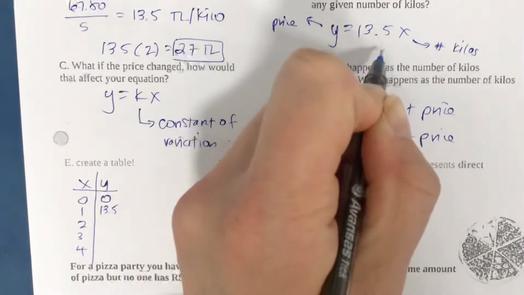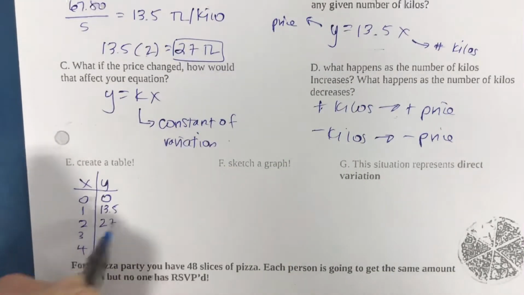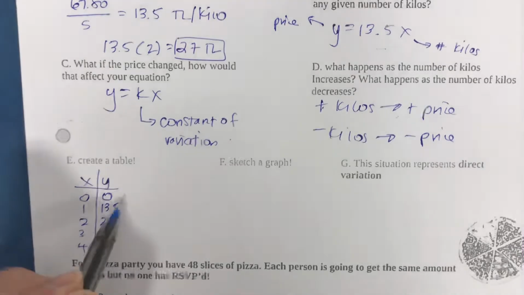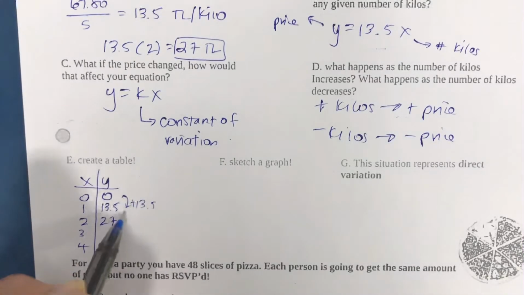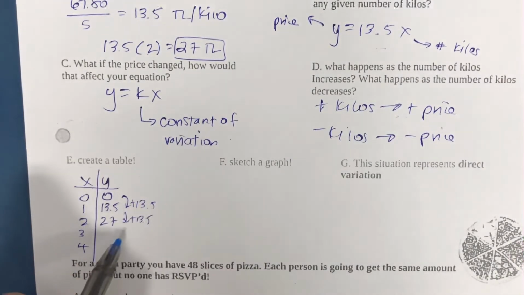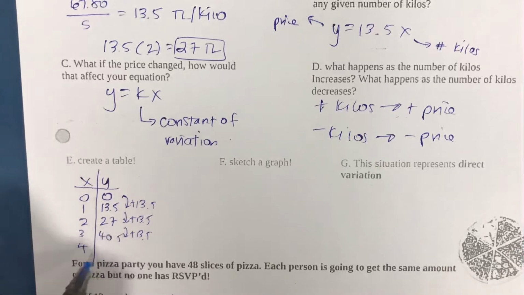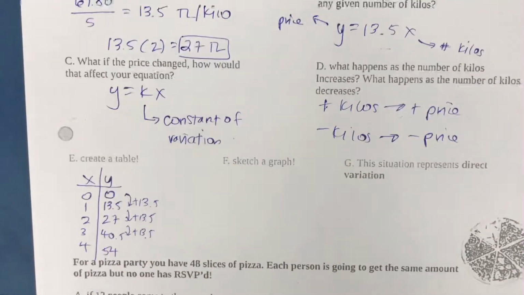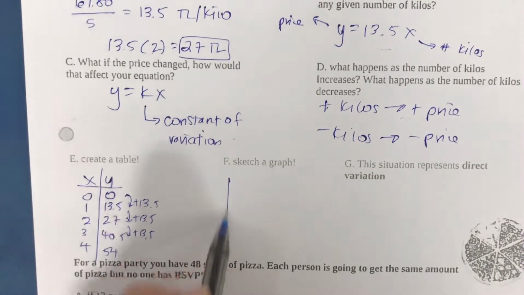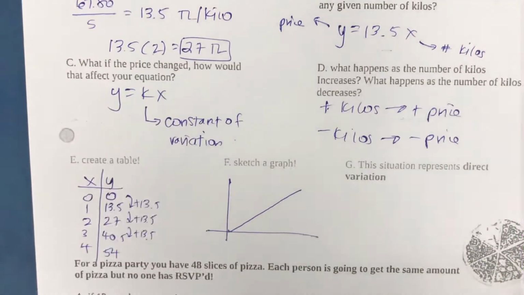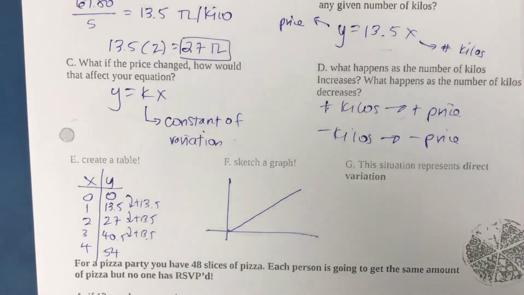I could plug in 2 and get 27. But if you remember with linear functions, I have that constant of addition or subtraction. Every time I'm just adding 13.5. So that's another way, instead of just plugging in, you could use the idea of a linear function. Graphically, I could plot points, but we know it's just going to be a straight line because it's a linear function, which has slope.